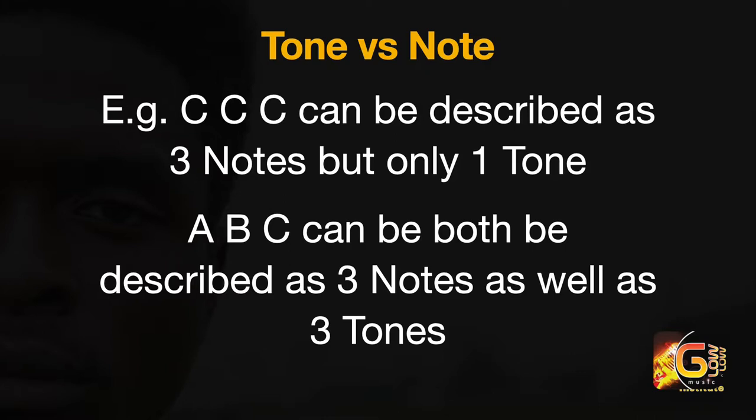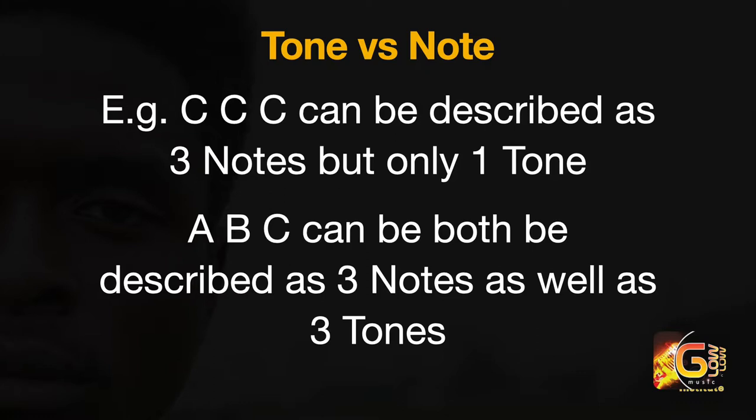So when you play C 3 times, it means you are playing 3 separate notes. But in terms of the tone, because it's the same pitch, it's just one tone that you are playing 3 times. But in terms of note, you are playing 3 notes.